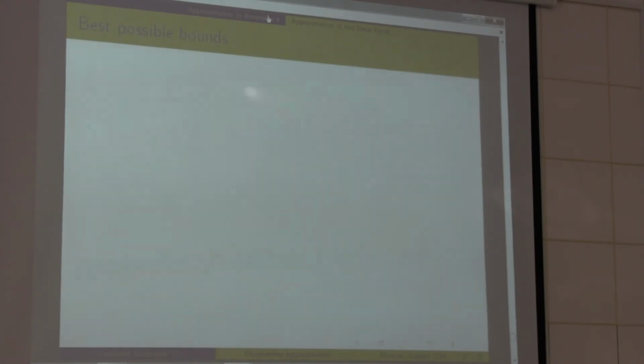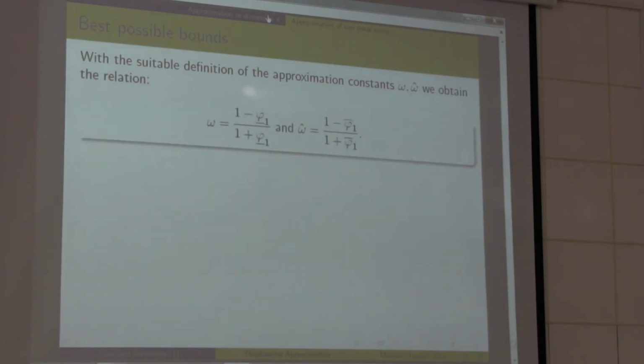So what about here? Of course, we first need to define the suitable approximation constants omega and omega hat in this case, and check the relation between the phi sub i underline and overline. Good, in this case it's not that complicated. You get simple relations between omega and phi sub 1 underline and omega hat and phi sub 1 overline.